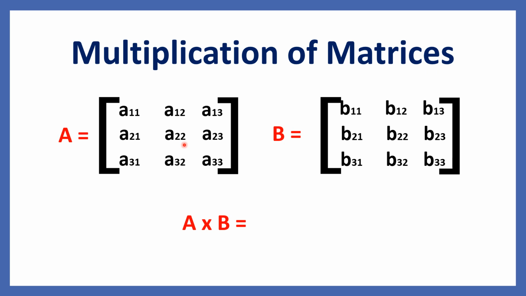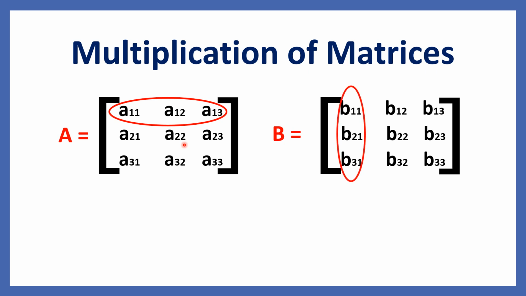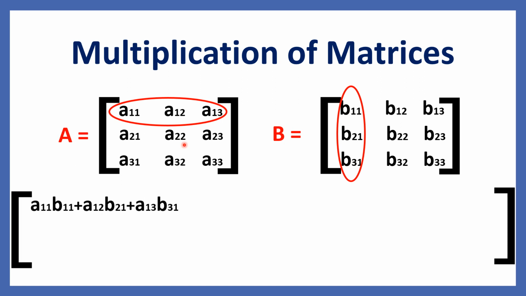For this multiplication, we have to consider the first row of the first matrix and the first column of the second matrix. And the resultant matrix will begin with the value of these two matrix elements.